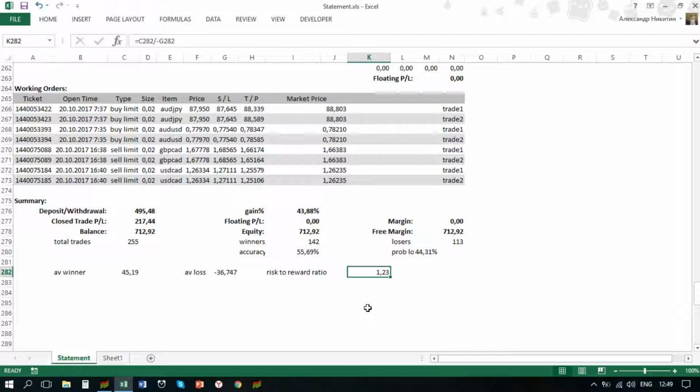Let's say you have a loser, another loser, another loser, and another loser. And you may say, well, this strategy is not working, let me take another strategy. You switch to another strategy, and again you trade for some time, and then you have a loser, another loser, and another loser, and then you switch to another strategy. And you never give a strategy time for the edge to play out.